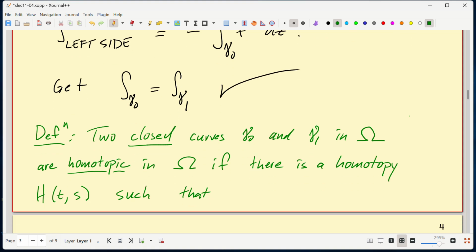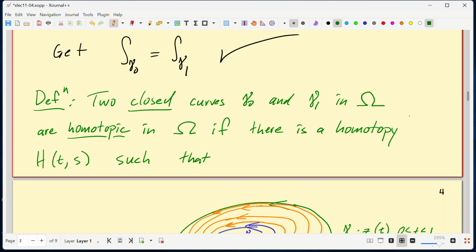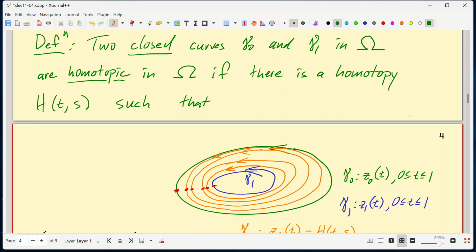Now I've got to talk about what it means for two closed curves to be homotopic. And then I can finally define simply connected. So two closed curves are homotopic if there's a homotopy. Here's the picture of the homotopy.